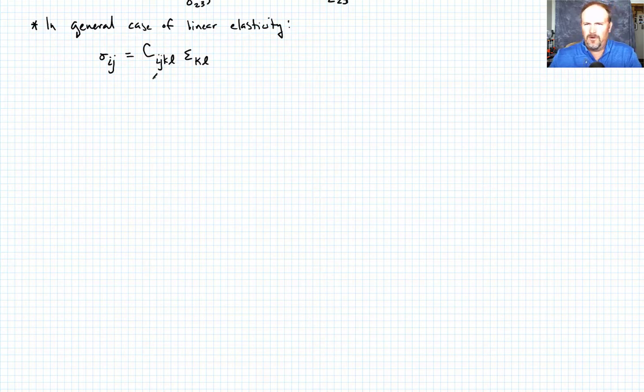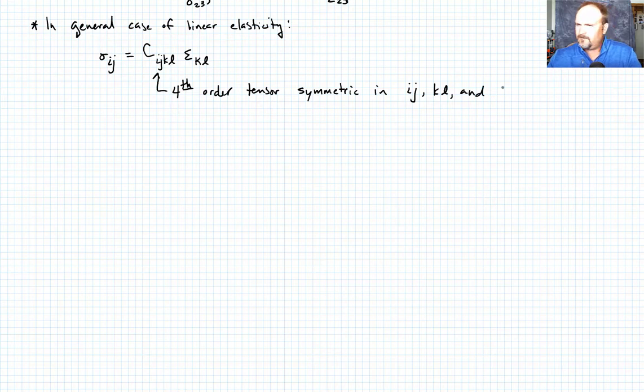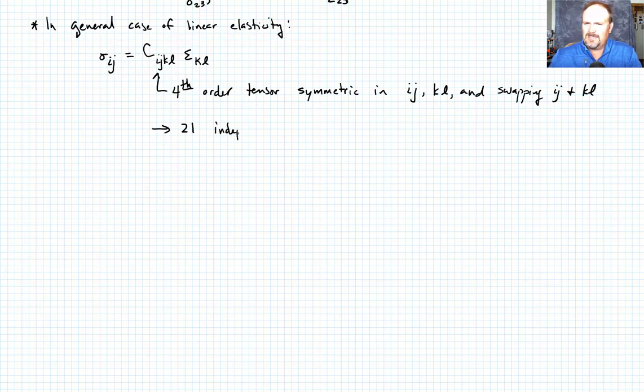Okay, that's the general form. C ijkl is a fourth order tensor that's going to be symmetric, although it's hard, I understand, to visualize symmetry in 4 dimensions, but it's symmetric in ij, in kl, and swapping ij and kl. Okay? Not going to talk too much more about that, but the idea is that if we look at that, that gives us 21 independent elastic constants.